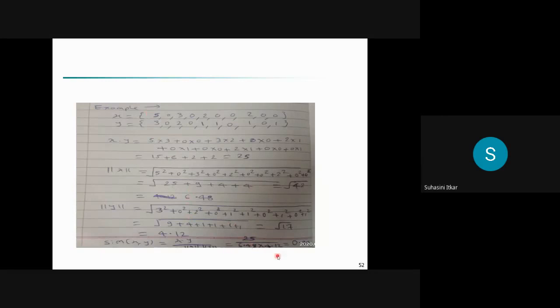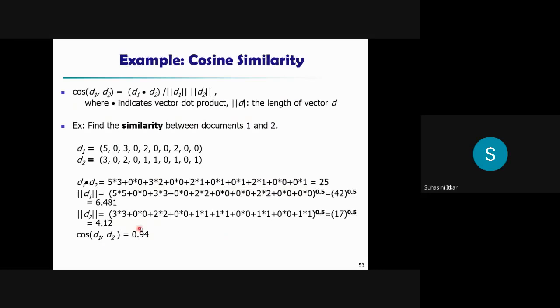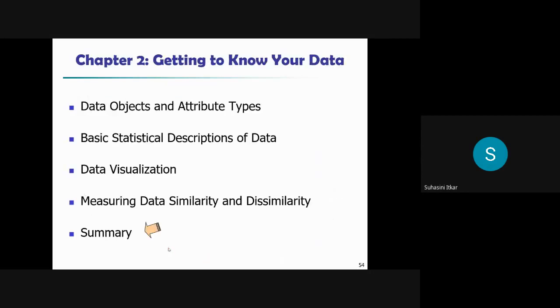On a similar line, here we can say that the documents D1 and D2 are 94% similar.